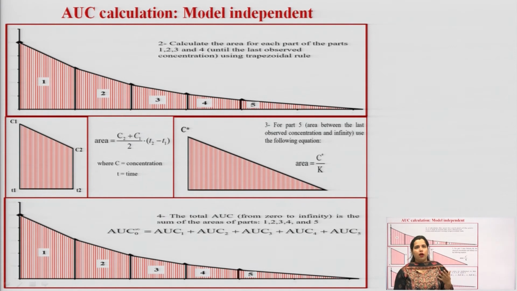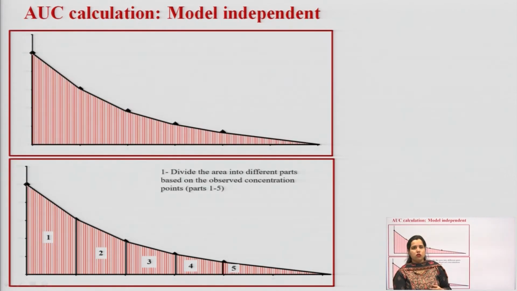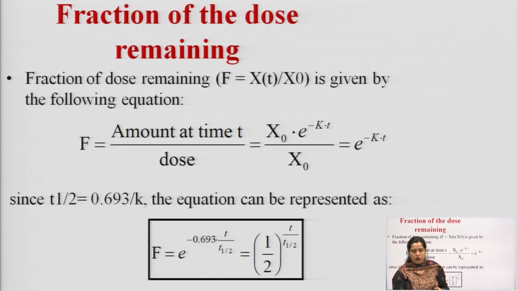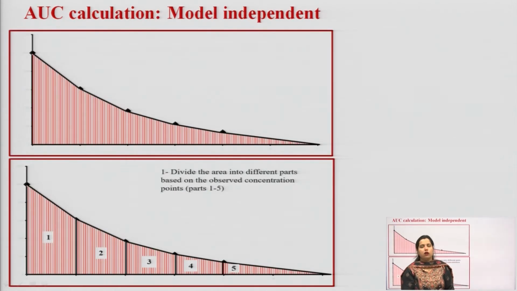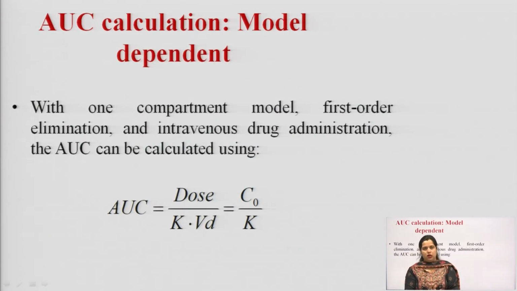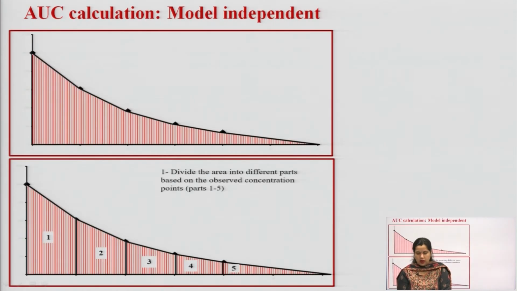To calculate the model independent approach, we use the trapezoidal rule. You see the AUC calculation with a one compartment model, first order elimination and intravenous drug administration.